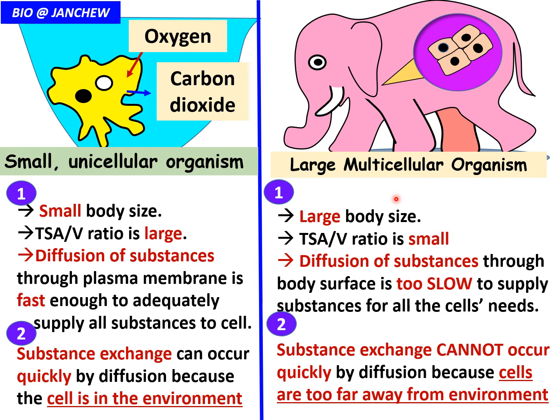One other point I want to point out is that if we consider the organism as a cube, the total surface area increases as the square of the length of the cube. It depends on the square of the length of the cube. But the volume increases as the cube of the length, x cubed, okay, where x is the length.